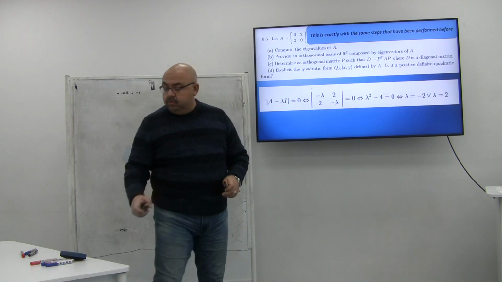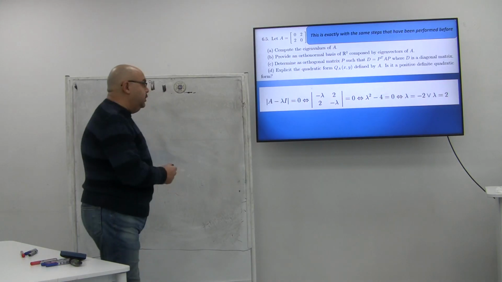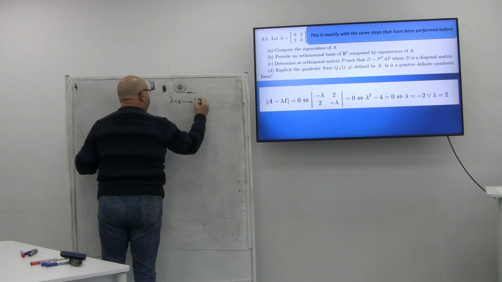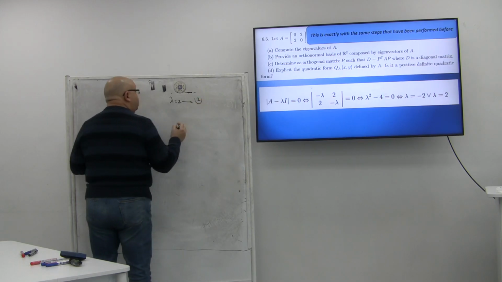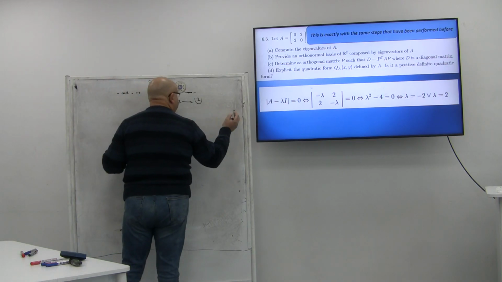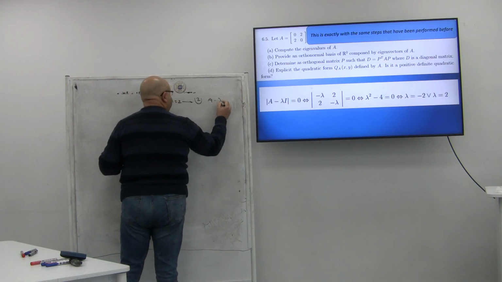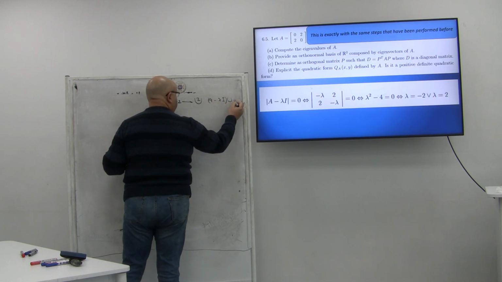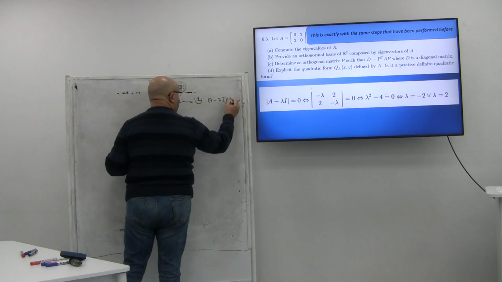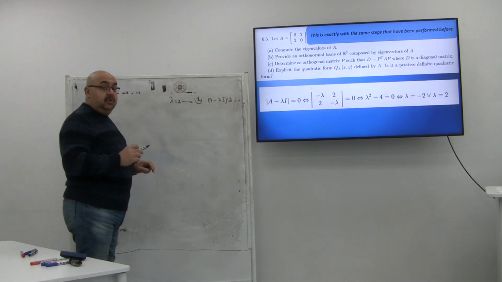I will now go to get the eigenvectors. So now, for lambda equal to 2, I will go to get u1. And this is really very simple. All I have to do is to solve the system, which is A minus lambda I times u equal to 0. So it's very, very simple.